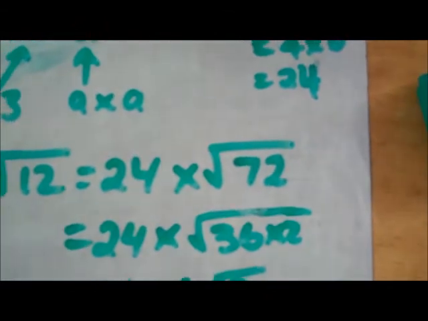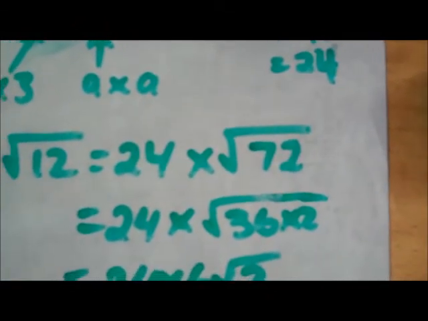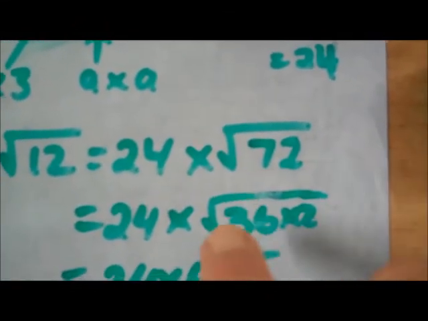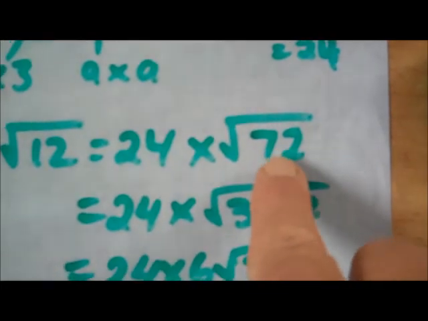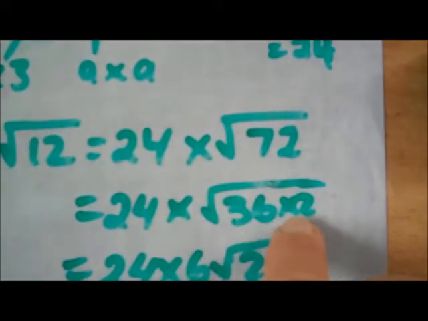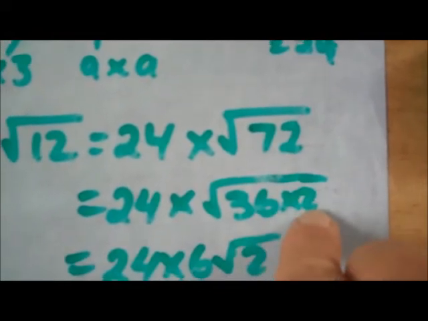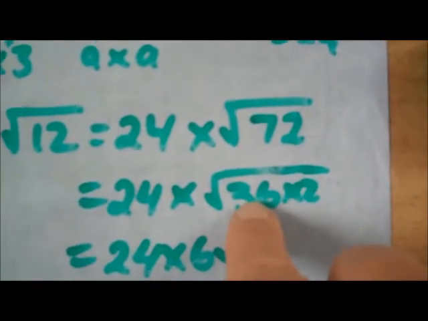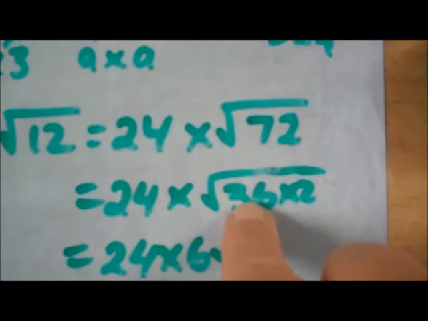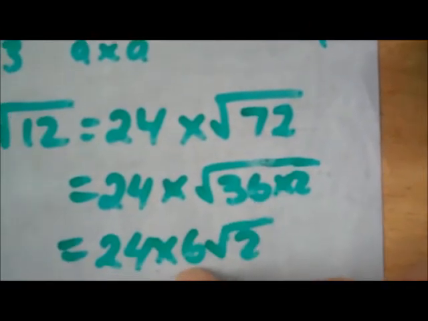Now that number is not in my list, but 36 is in my list, and double 36 is 72. So you do need to be on the lookout for multiples of these square numbers. I could think of the 72 as 36 times 2, because now I can say, what is the square root of 36? The square root of 36 is 6.